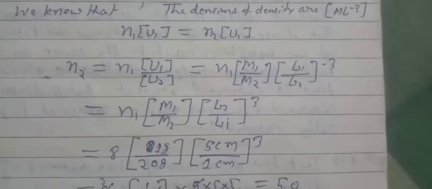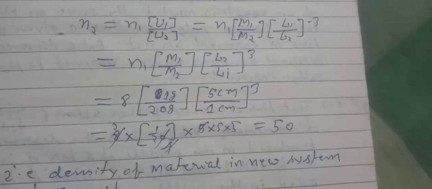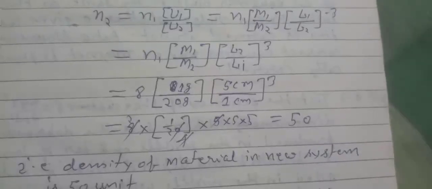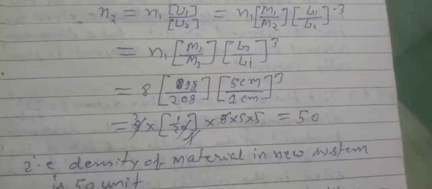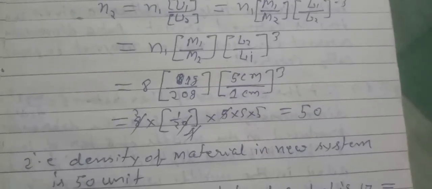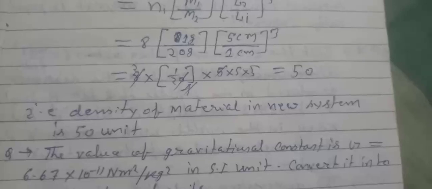Hence n2 equals to n1 into u1 by u2, n1 into M1 by M2 into L1 by L2 to the power minus 3. Now n1 into M1 by M2, L2 by L1 to the power 3. Now put both values. We have n1 value given 8 and M1 equals to 1 gram, M2 equals to 20 gram, L2 equal to 5 cm and L1 equal to 1 cm. Solving we get 50. That is, density of material in new system is 50 unit.